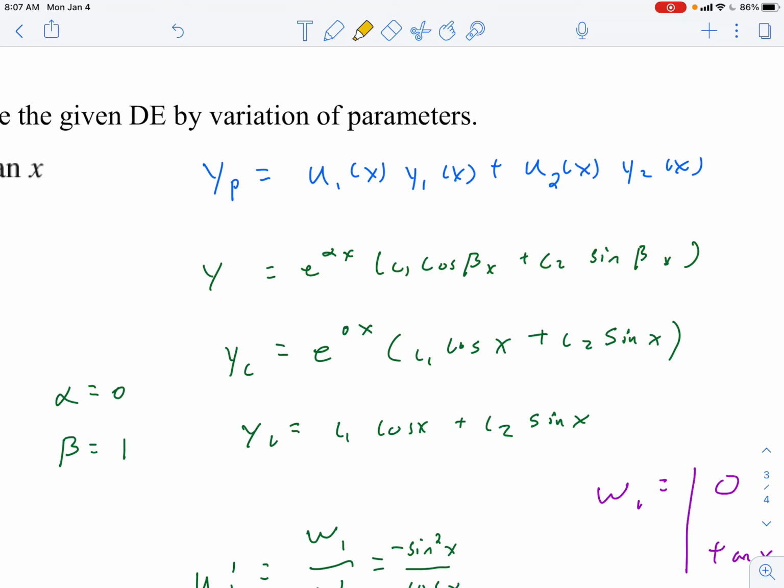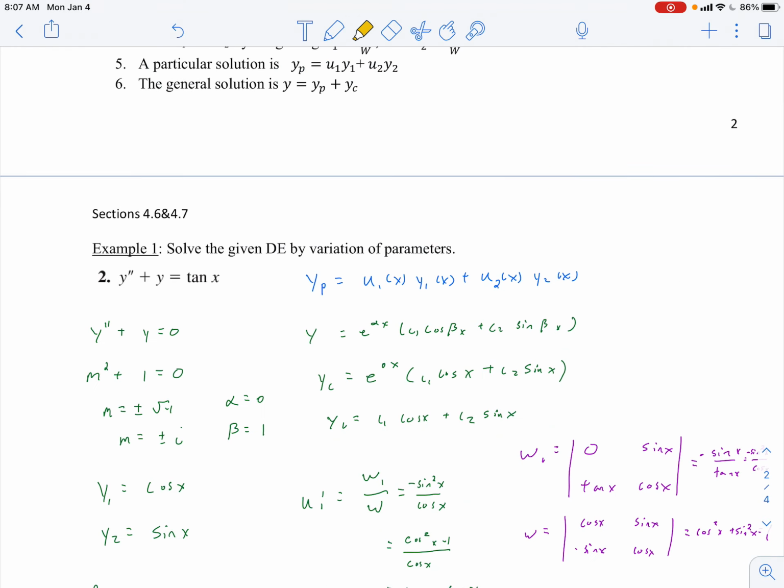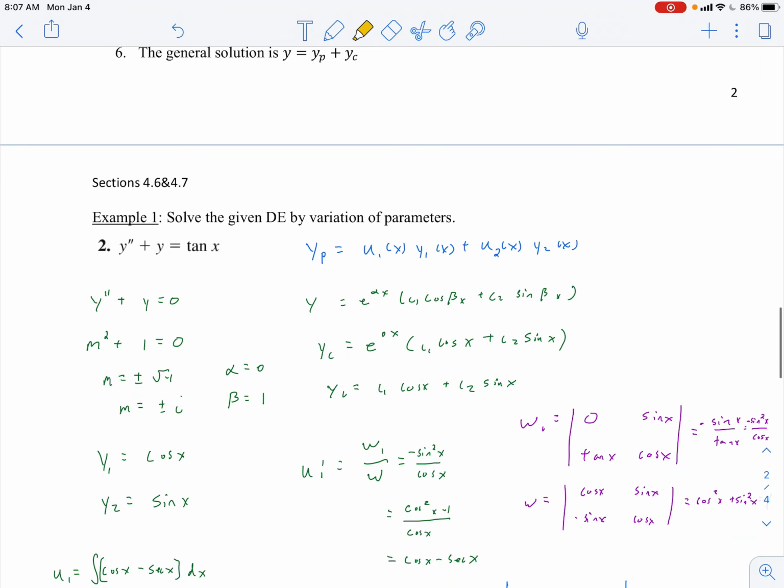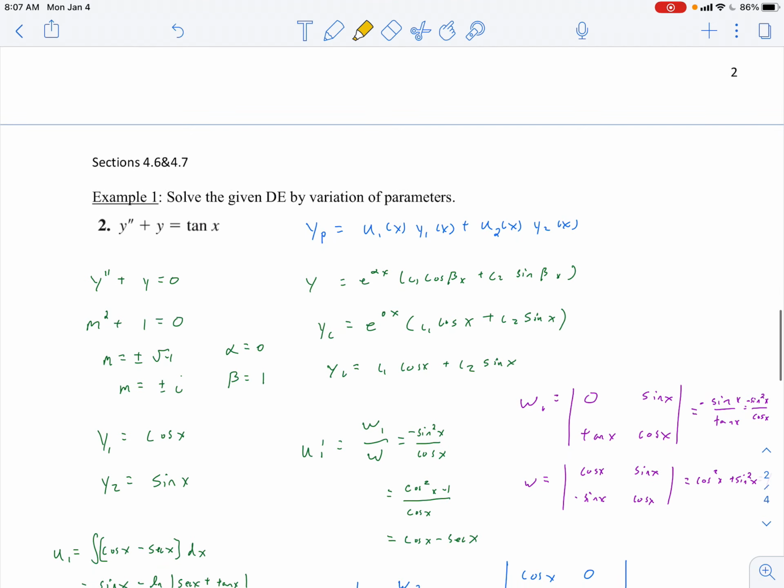If alpha is 0 and beta is 1, we substitute those in. Then our y sub c is c sub 1 cosine x plus c sub 2 sine of x. So we were able to find our complementary solution pretty quickly.